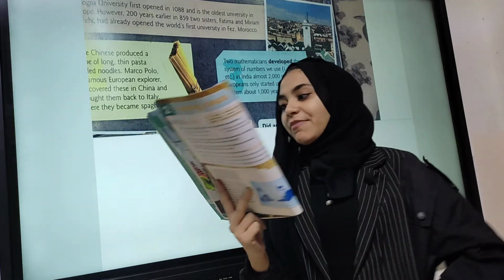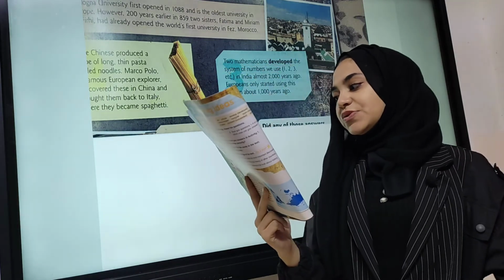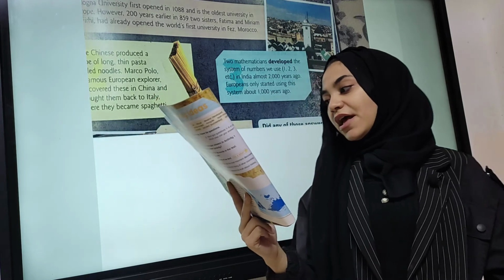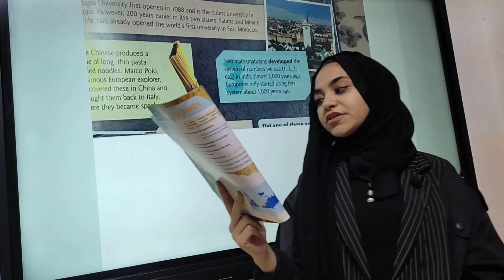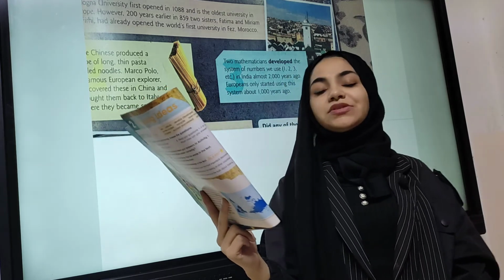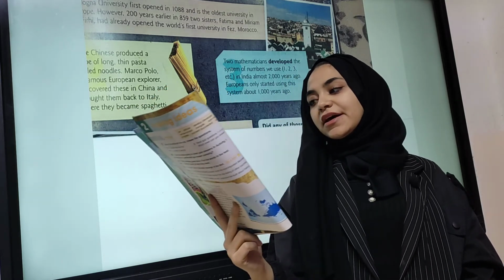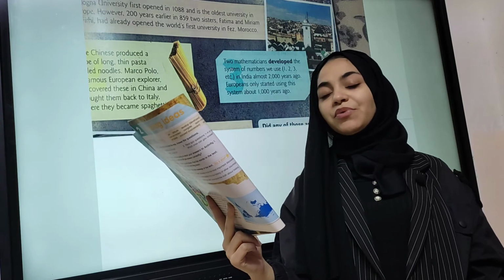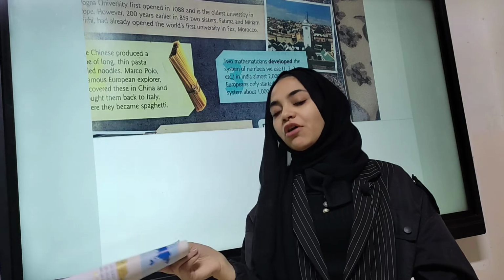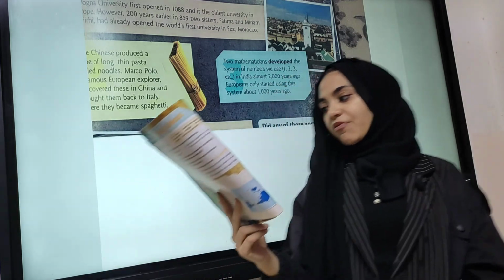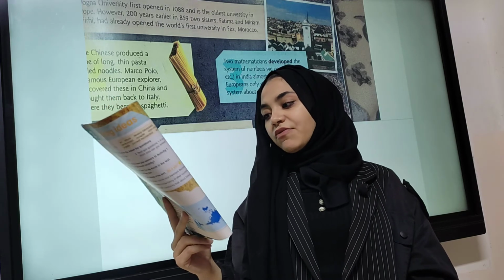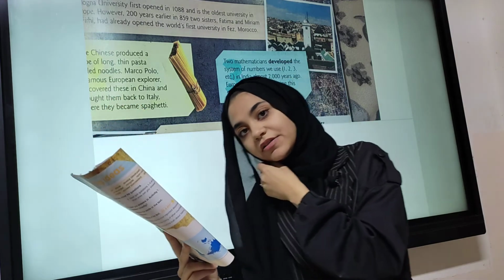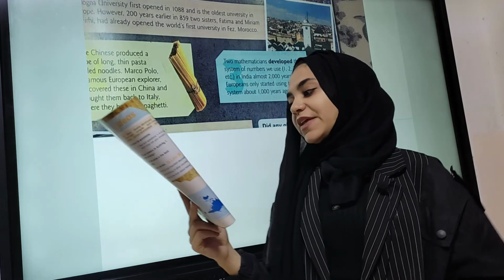A mathematically developed system of numbers, we use 1, 2, 3, was used in India almost 2,000 years ago. Europeans only started using this system about 1,000 years ago. So you should know, guys, that the number system that we use comes from India, not from Russia or whatever. Most people will say that Marconi invented the radio. So who invented the radio? Marconi, yes.